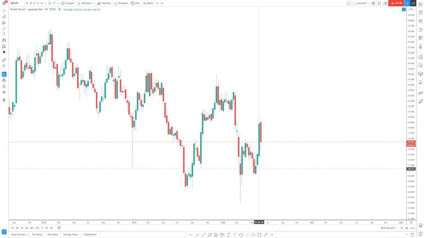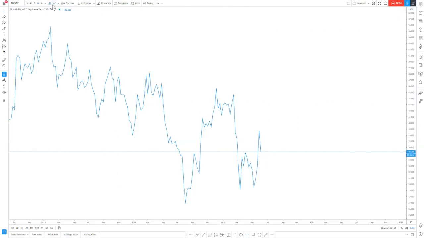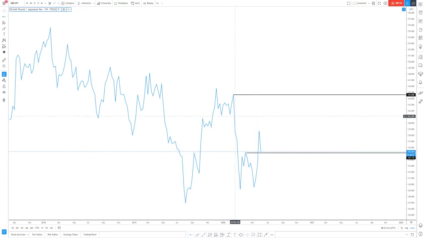Now I'll start by marking out the target for my long position. So this is the area of structure, the previous area of structure here. So this should be my target for GBP JPY. Now quickly switching to a line chart, I'll just pick up my ray tool and place it on my anticipated targets, and also mark out the neckline of the W formation.